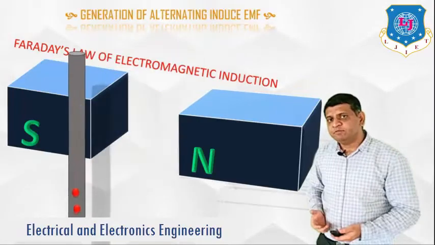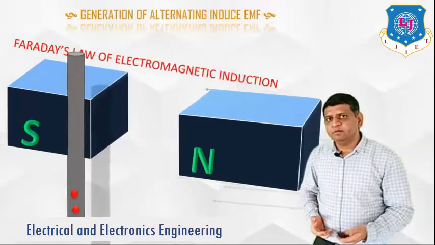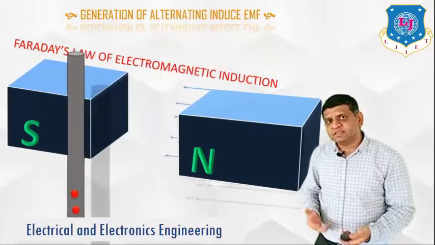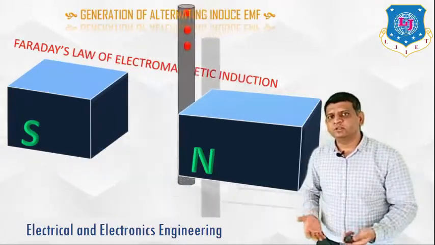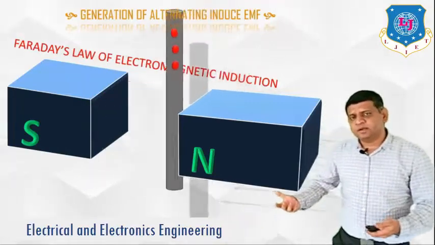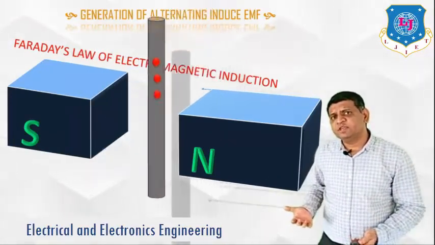So here the EMF will be E equal to d phi divided by dt, where phi is called the magnetic flux, right? After that, Lenz has given that whatever EMF is generated is always in the opposite direction of the applied force. So by Faraday's law, there is a generation of EMF, right?